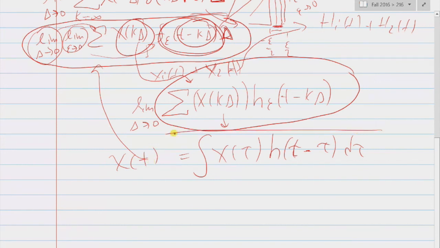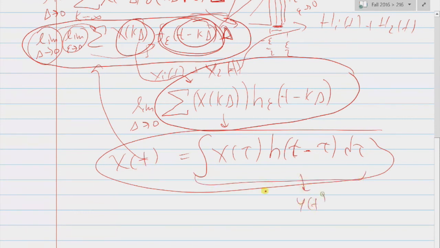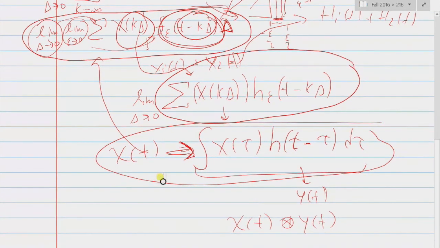So now I've represented the output of the system, y of t, as a convolution of x, the input, with the impulse response. And that's it.